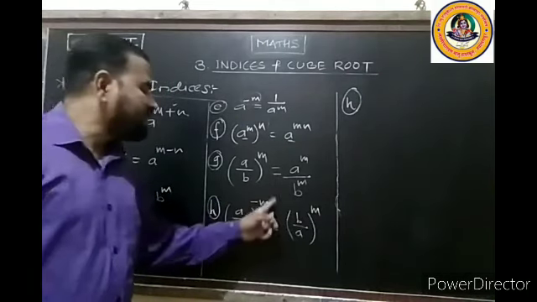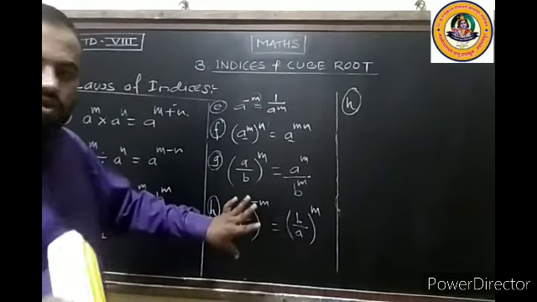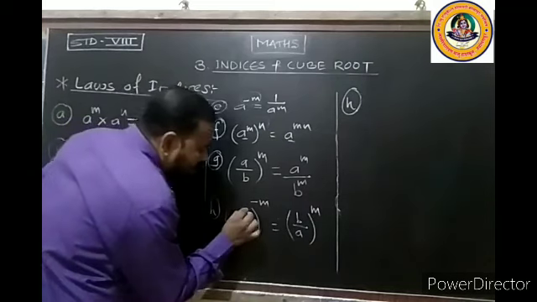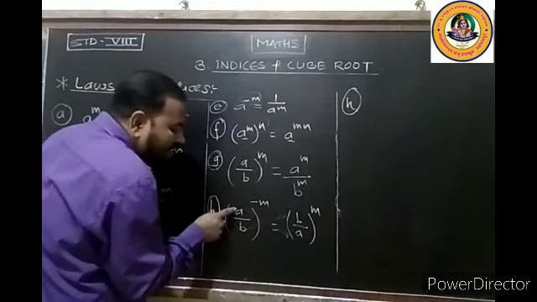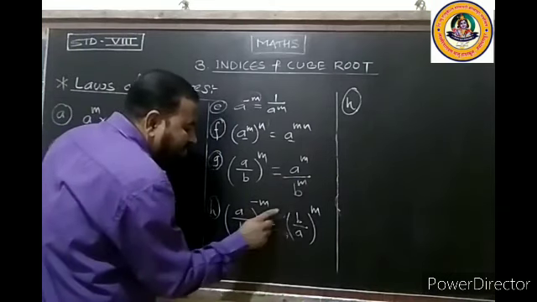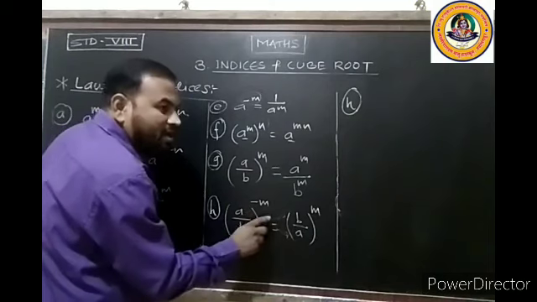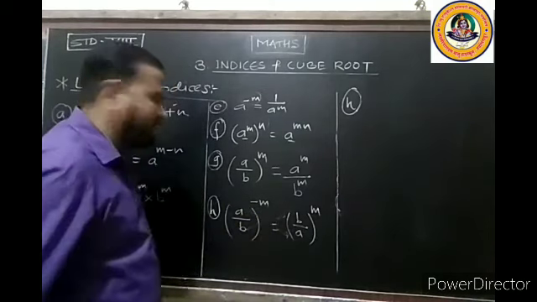Here a negative index is converted into a positive index. It is a simple thing, but a comes here, b goes there. That is a b becomes b a. That is a reciprocal of a upon b. Only take its reciprocal and change the sign.